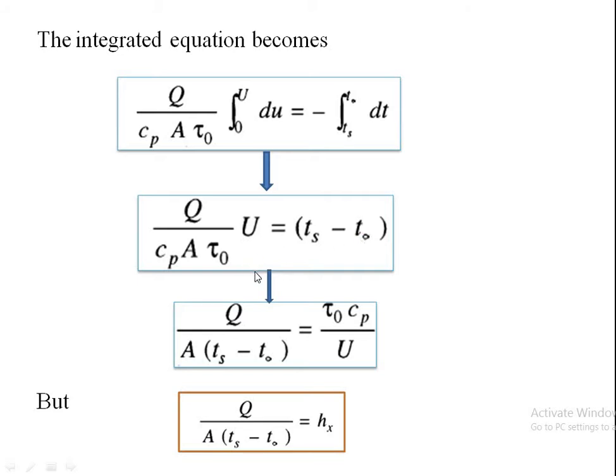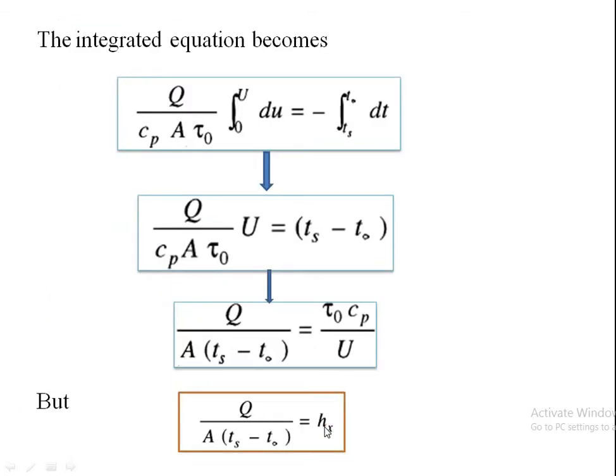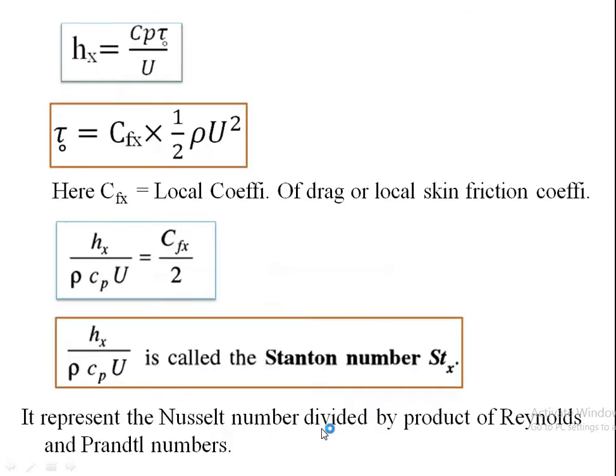So if you rearrange these terms, we'll get q divided by A multiplied by (Ts minus T naught) is equal to tau naught multiplied by cp divided by u. Here we know that q divided by A multiplied by (Ts minus T naught) is nothing but the local heat transfer coefficient, that is h suffix x.